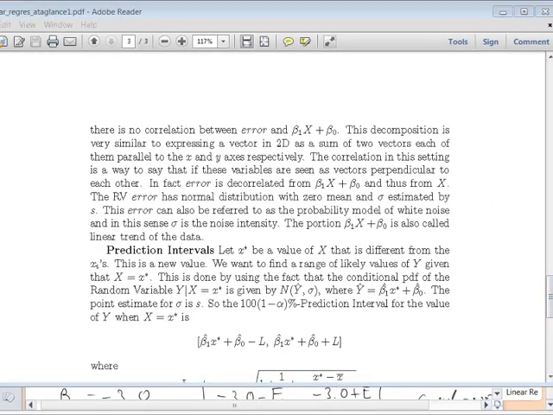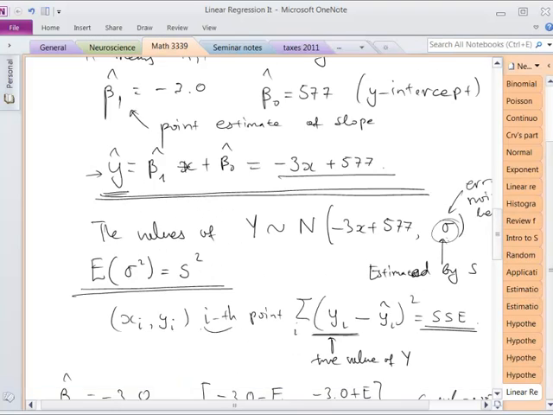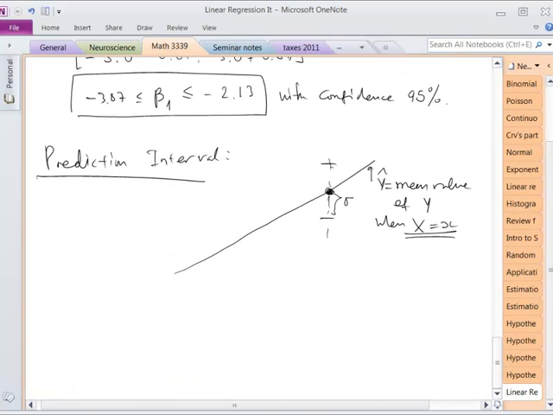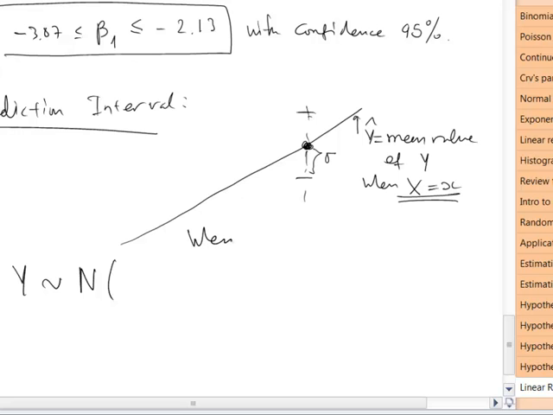Therefore, what I know is that y that comes from the model has a normal distribution with mean y bar. So when x takes the value lowercase x, y has normal distribution with mean equal to this one, and standard deviation equal to s. That's an approximation, but truly it is sigma.